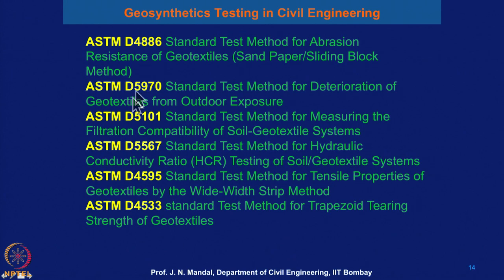ASTM D4886, standard test method for abrasion resistance of geotextiles, sandpaper or sliding block method. ASTM D5970, standard test method for determination of geotextile durability from outdoor exposure.